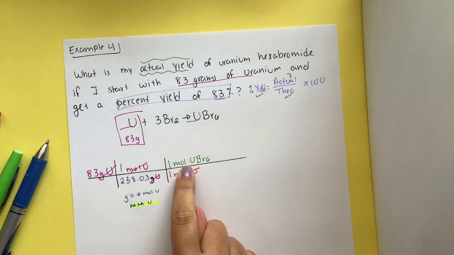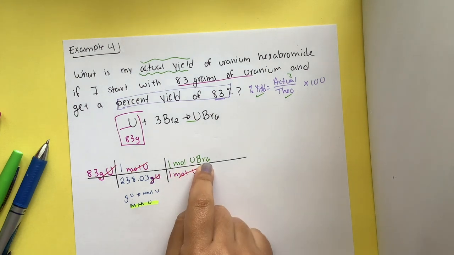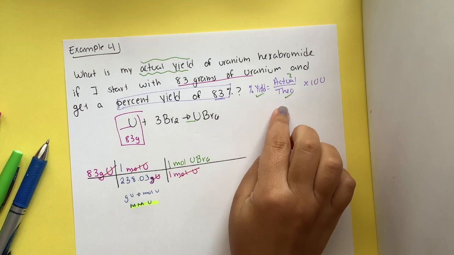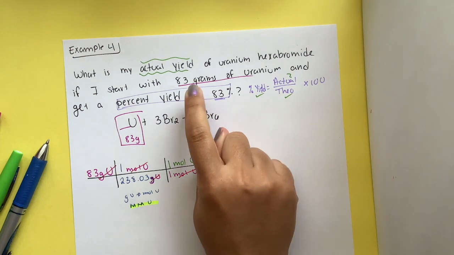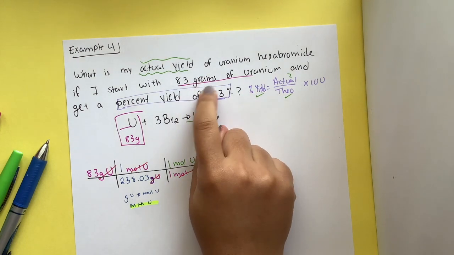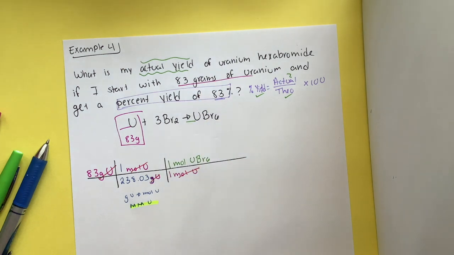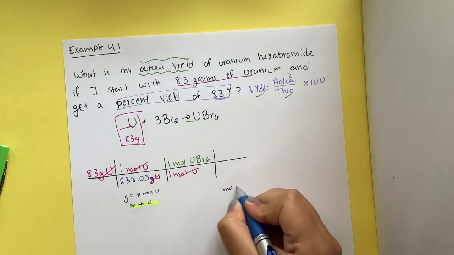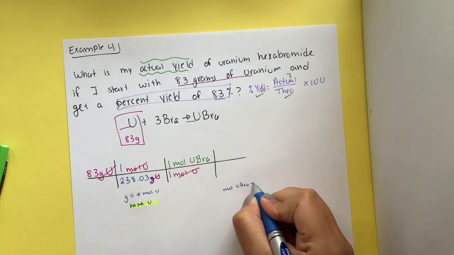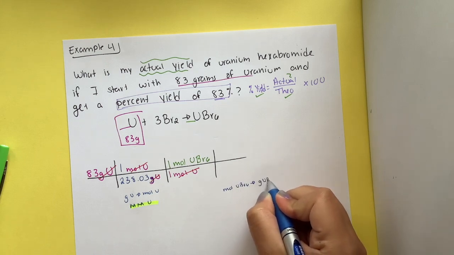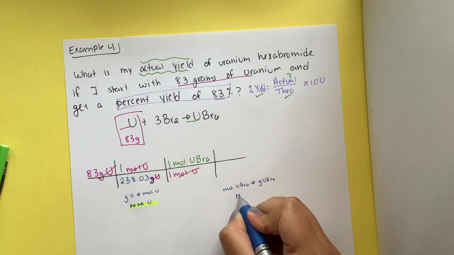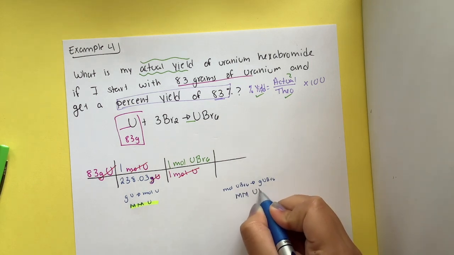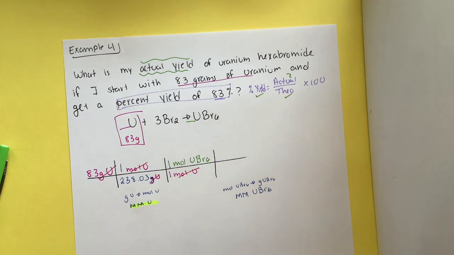Now I'm left in moles of UBr6. But remember that for actual and theoretical yield, when we're looking for the percent, we want both to be in grams. So I'm going to do one more step in which I go from moles of UBr6 to grams of UBr6 by using the molar mass of uranium hexabromide.